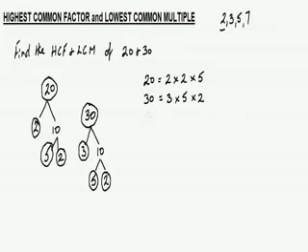As I say, it doesn't matter which order you write it in, you will still get back to 30. Now I write these over one another for a reason. Okay, now 5 is in this row and 5 is in this row, so I can link those two 5s together, and 2 is in this row and 2 is in this row.